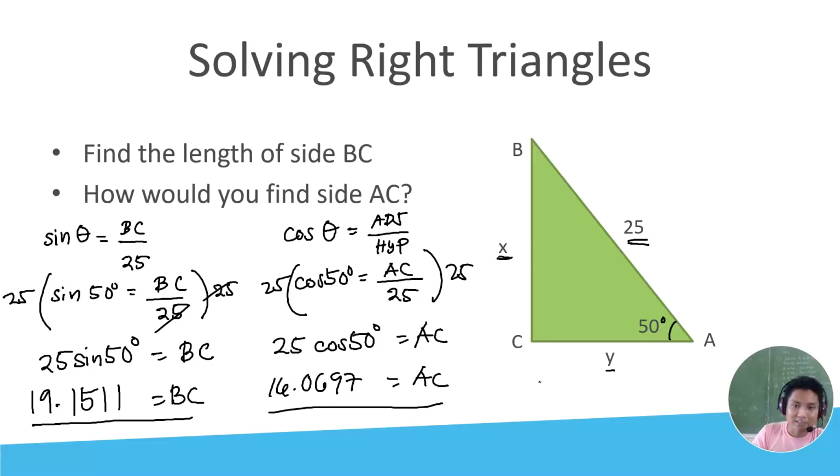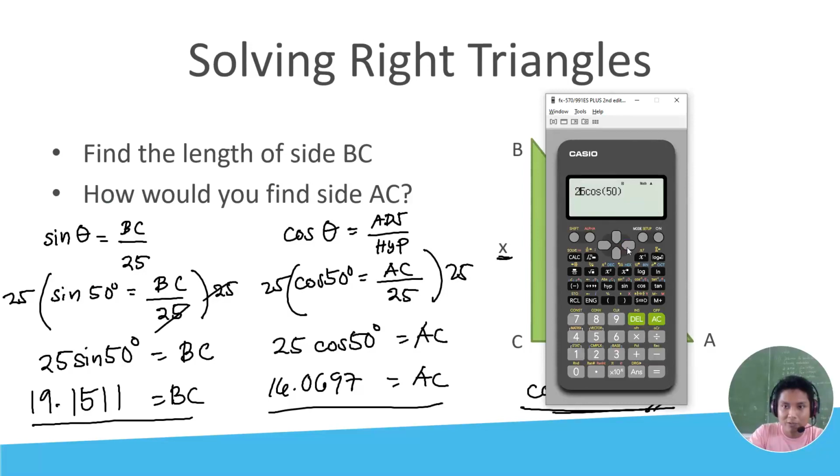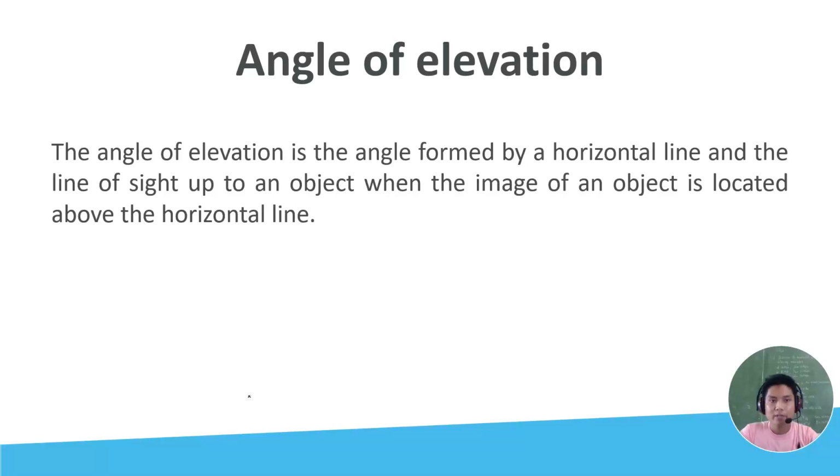You might write it as cosine 50 to be multiplied by 25, but when you type that in the calculator, be careful. It's better to put the number itself first before the trigonometric function, because you might type in your calculator 50 times 25 if you just go straight through. That will give you a wrong answer, since the solution shows you that you must first evaluate the trigonometric function, the sine or cosine, then multiply it by 25. Okay?